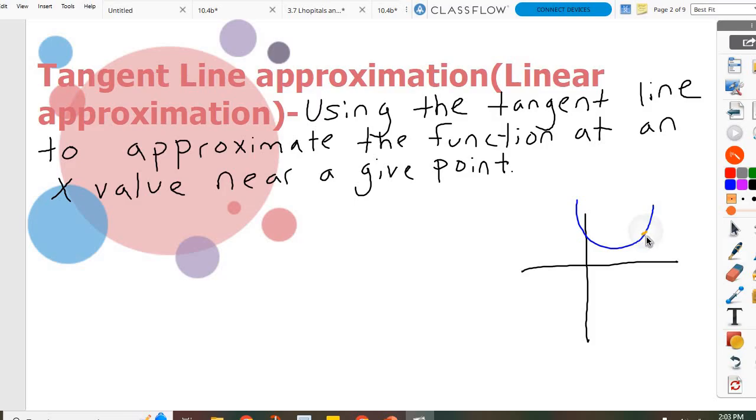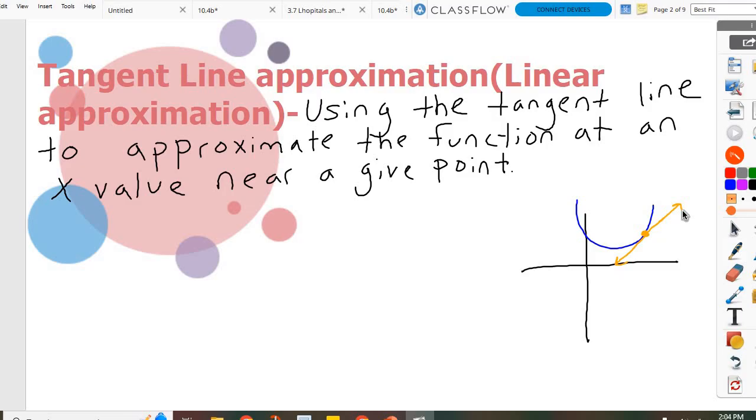Correct. So if this was my point, my tangent line would just go through that one point. And we've talked about how to write the equations of tangent line, because the slope of the tangent line is the derivative. And then we just need a point.